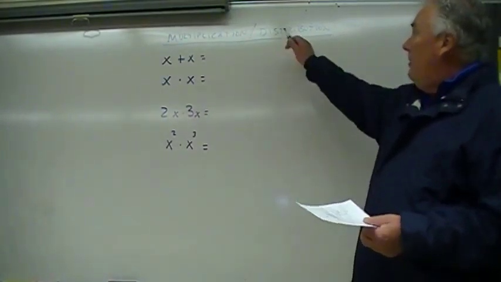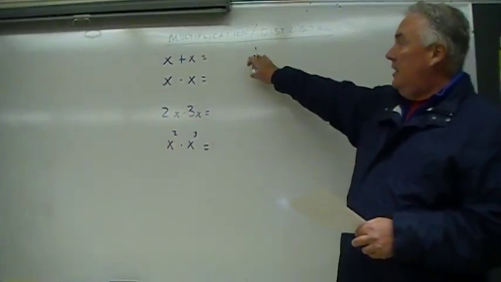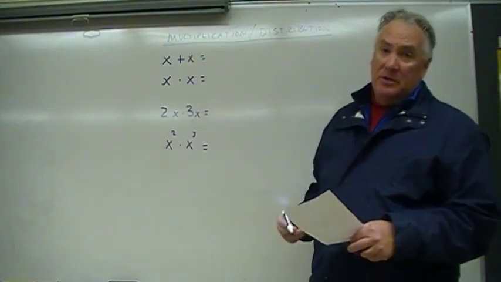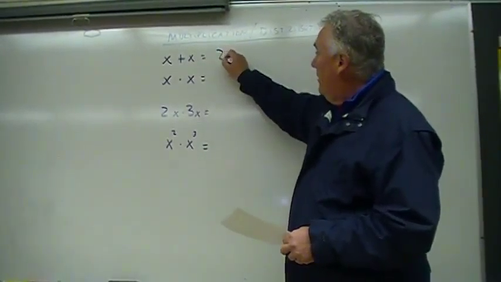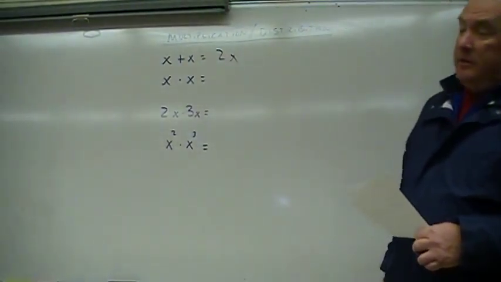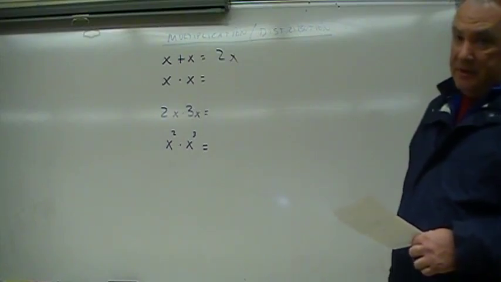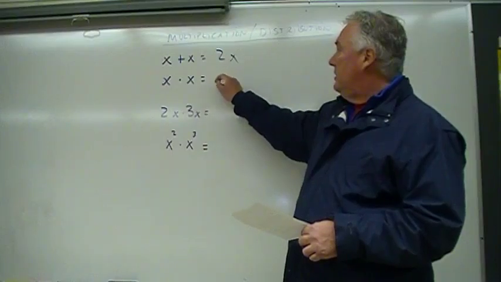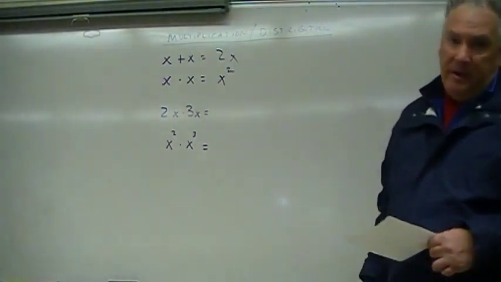Okay, we're talking about multiplication and distribution, and the basics that we learned was x plus x, when you add like terms, it's 2x. But when we multiply x times x, it's x squared.